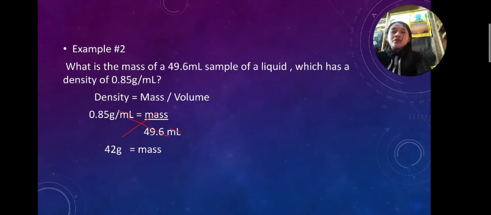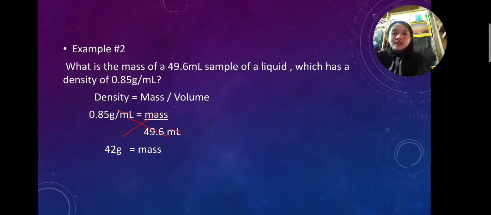And then another example: what is the mass of a 49.6 milliliter sample of liquid which has a density of 0.85 gram per milliliter? The formula is density equals mass over volume. The mass here is the missing one, which is what we are looking for. The density is 0.85 gram per ml, and the volume is 49.6 ml.